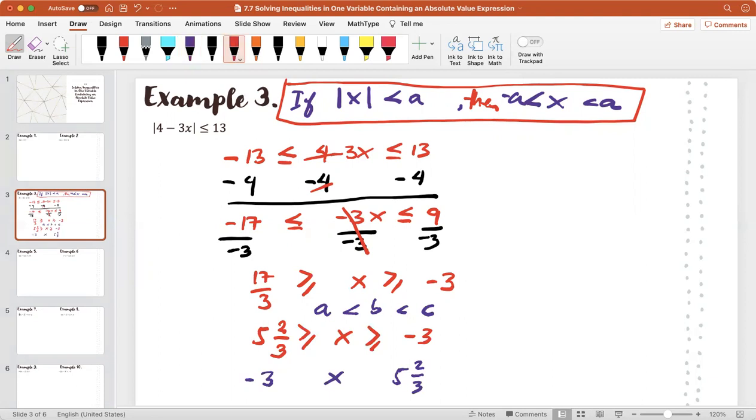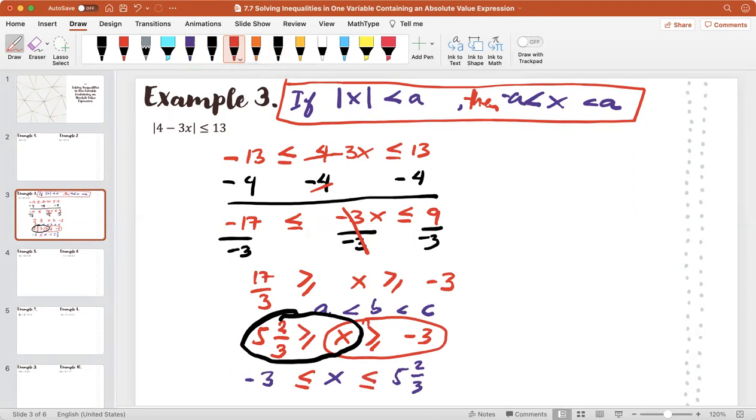when we consider x greater than or equal to negative 3, the inequality opens towards x. So we can write here now less than or equal to x, which opens towards x. And then if we consider 5 and 2/3 greater than or equal to x, the inequality opens towards 5 and 2/3.